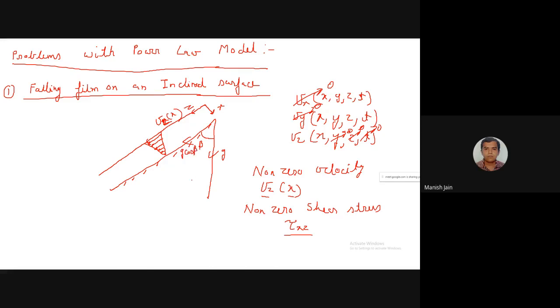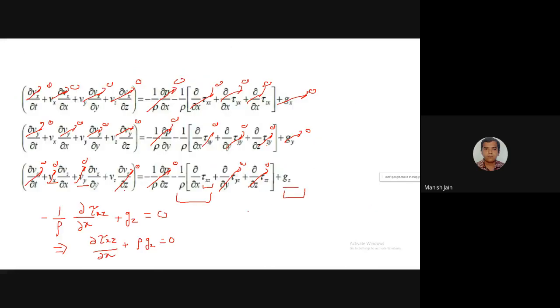So you can replace gz with g cos beta. This equation will become del tau xz divided by del x equal to minus rho g cos beta.